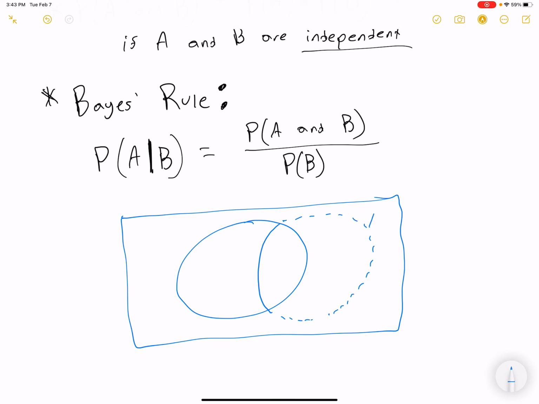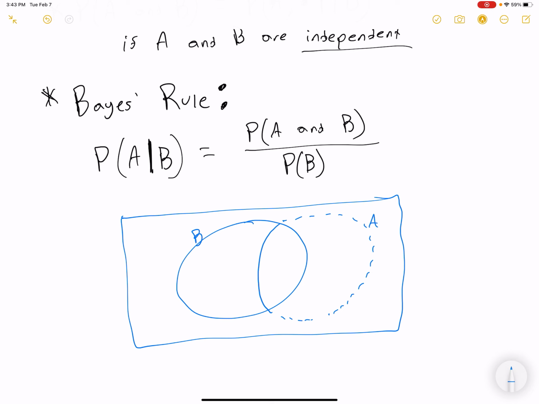So this circle is A, this circle is B. So if we're saying probability of A given B, the given B tells us that we're only considering the B circle. So everything we care about is not the event space, the total possibilities of events. Now it's just B. We've constrained it to B, so we're saying given B.